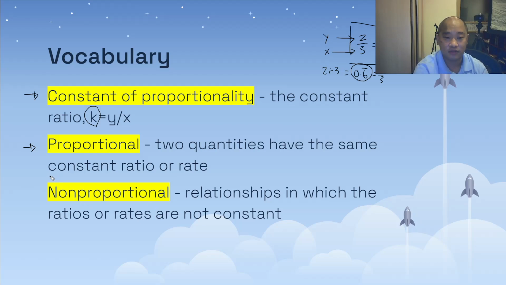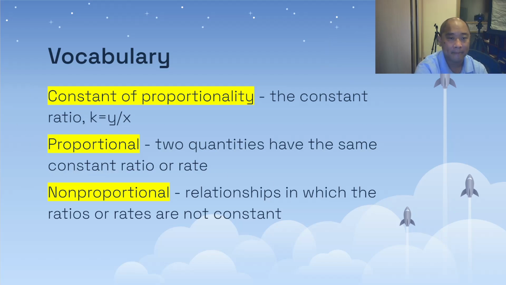And that's what this basically means here: constant, ratio, or rate. Any relationship that is not proportional is called non-proportional. It's a relationship in which the ratios or rates are not constant. And we'll look at some of those later.